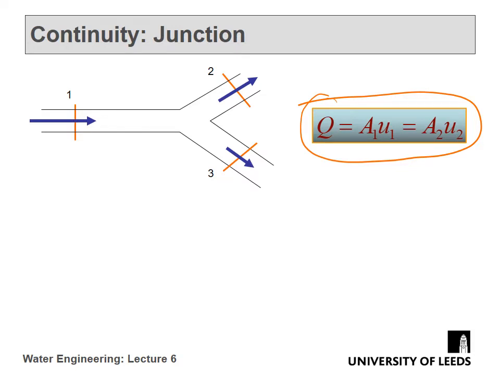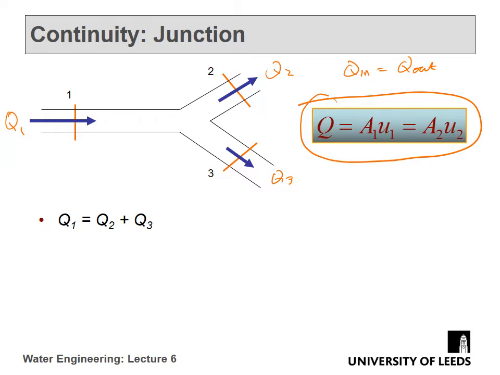In general, this is that the flow in is equal to the flow out in a steady state system. So in this example we have Q1 going in, it splits into two ways, and we've got Q2 out and Q3 out. And we can then say from continuity that Q1 equals Q2 plus Q3.